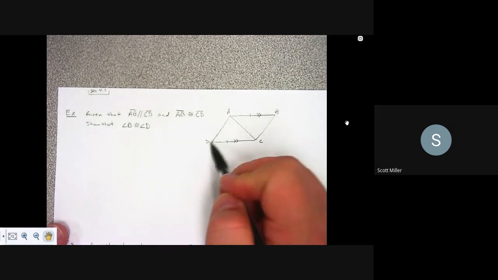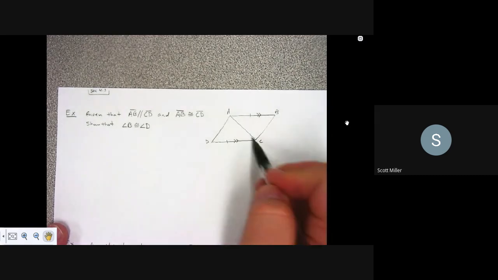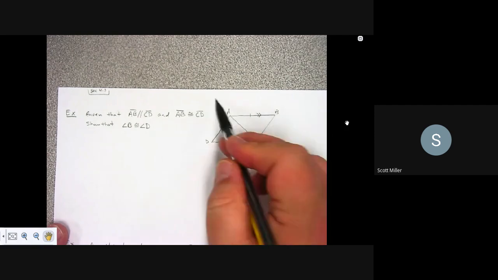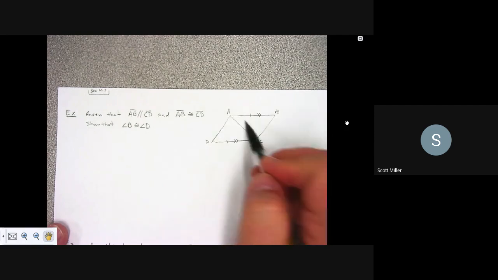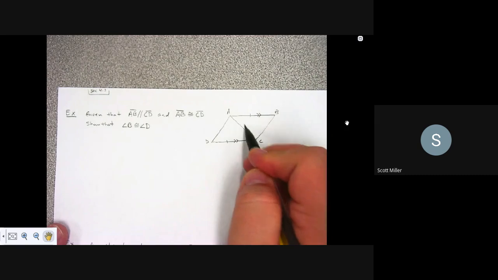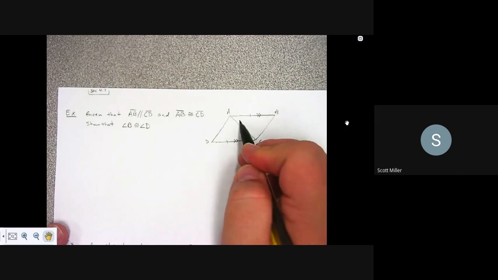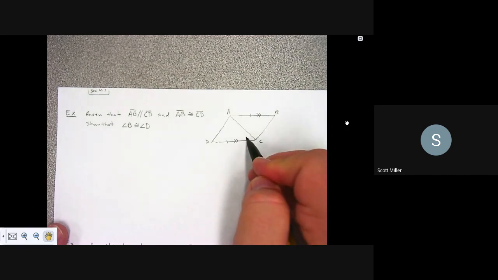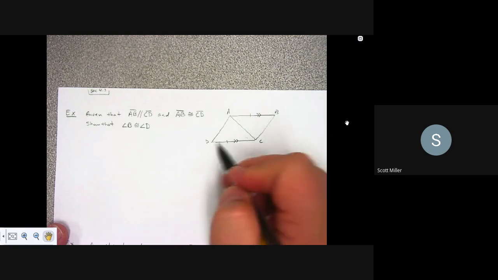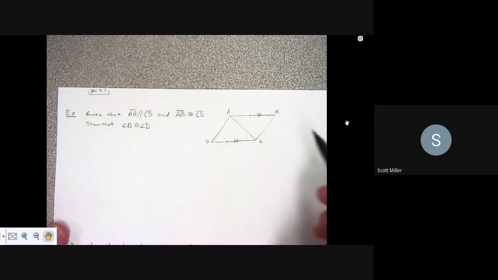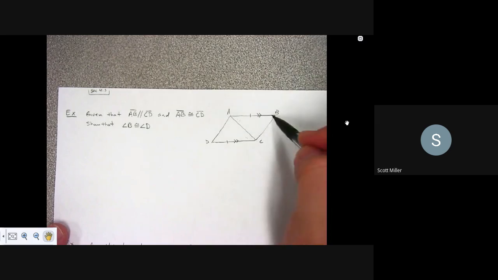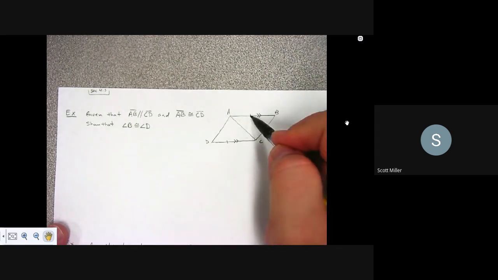Since this line and this line are parallel, and this is a line that cuts both lines, alternate interior angles will be congruent. So I can say that this angle is congruent to this angle because these lines are parallel and alternate interior angles are congruent. Then if I look at this triangle, I have this angle.